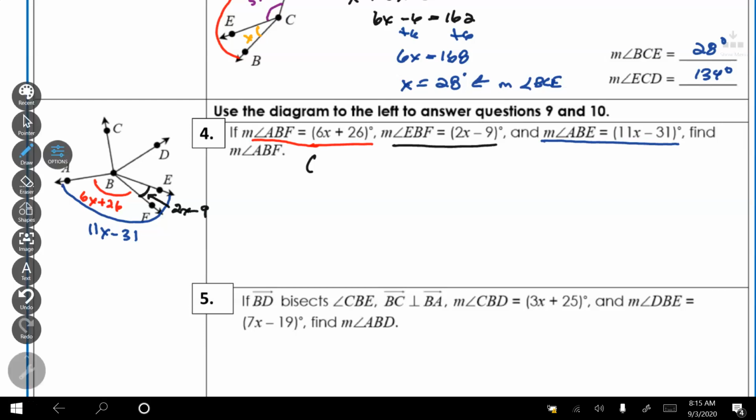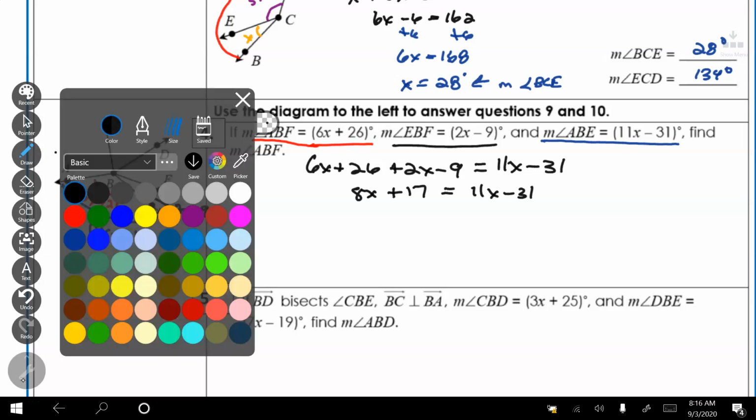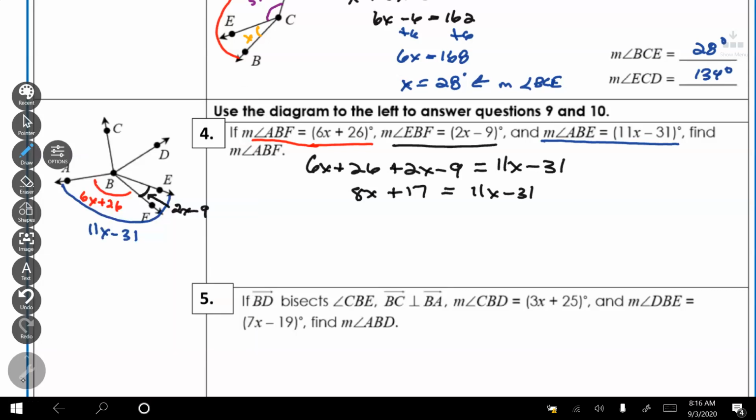I set up my angle addition, and I do some combining of like terms, and I bring stuff over. I have 48 is equal to 3x, or x equals 16, but I'm not solving for 16.